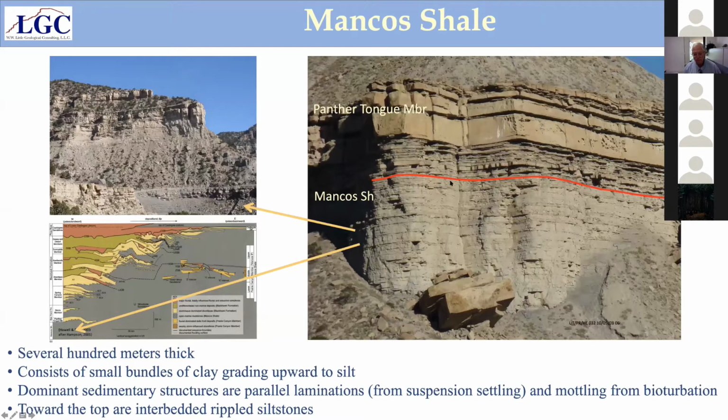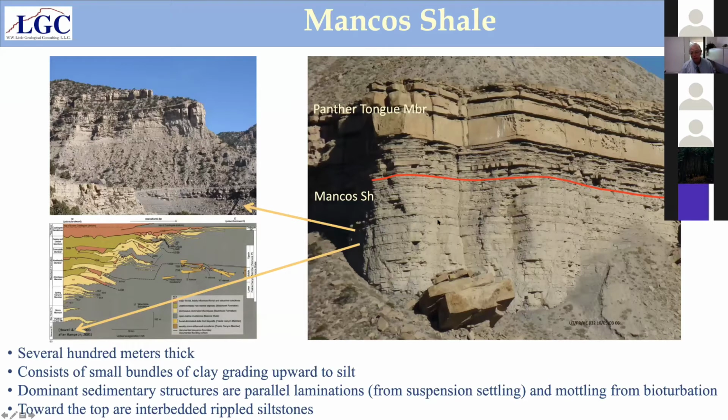The silty interbeds increase upward. Eventually, across the boundary, they start to become hummocky sands. The silty beds can have a weak rippling associated with them. So this is a unit that had to have been deposited primarily under conditions of sediment suspension and settling, and that's going to form the mud.